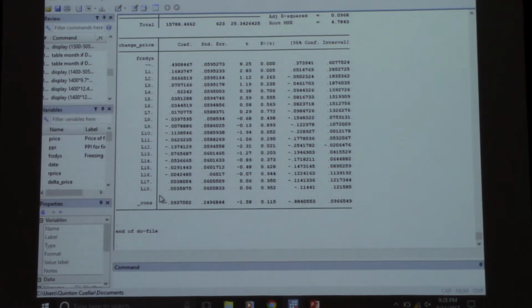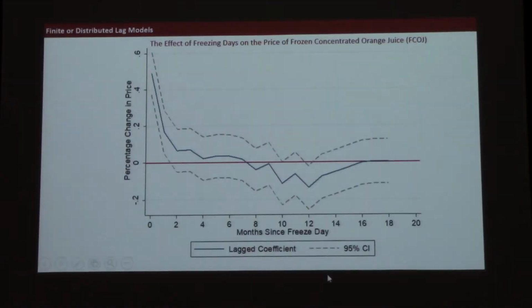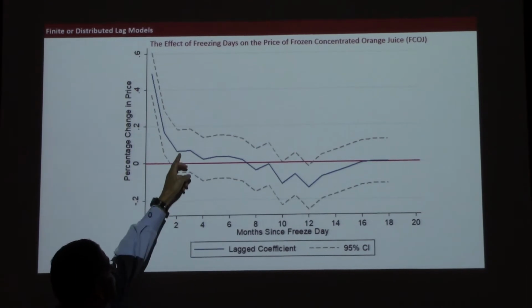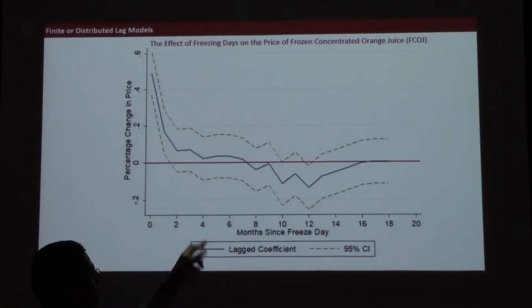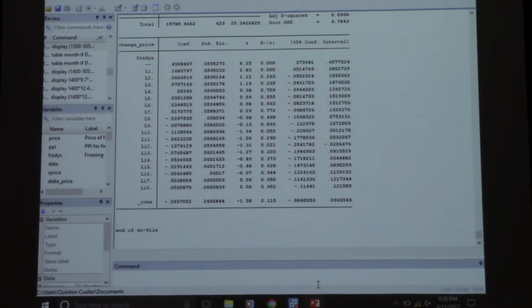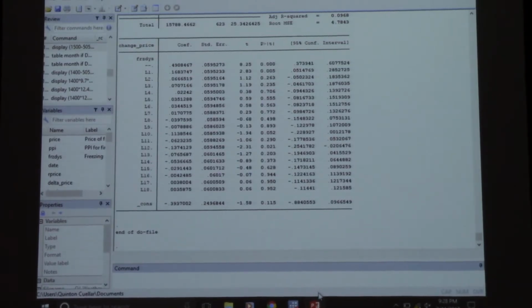So what we want to do, we have that picture. Right, 1 period ago, the effect was that. 2 periods ago, the effect was that. 3 periods. So we want to graph the coefficients as a function of their lag.